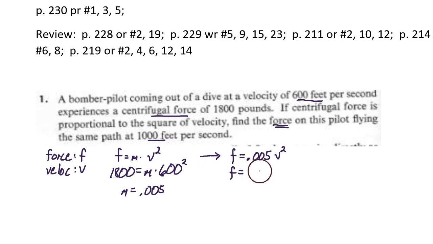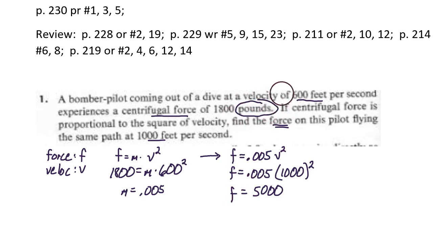Let's fill in 1,000 for the letter V and evaluate that answer on a calculator. And the answer is 5,000. Now the letter F was representing centrifugal force, and we can see that in the problem where force was mentioned earlier, that the unit of measure was pounds.